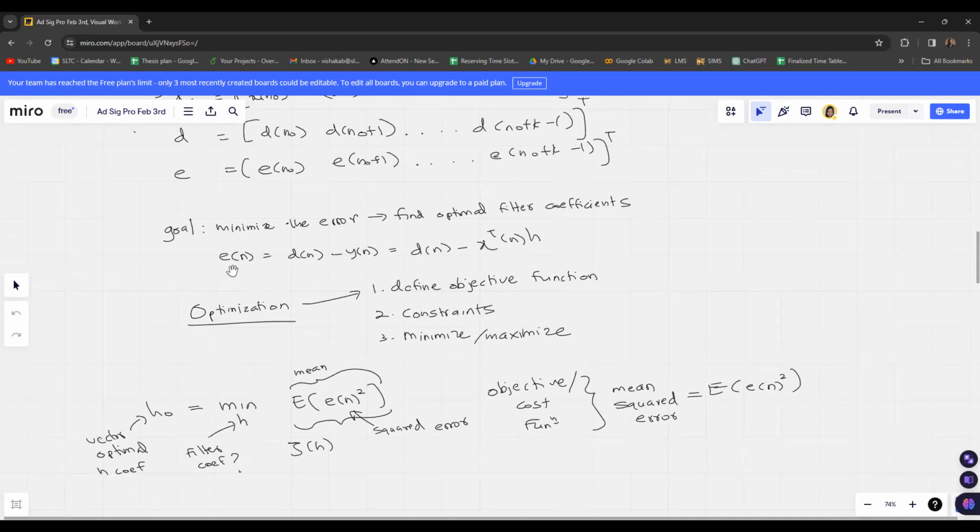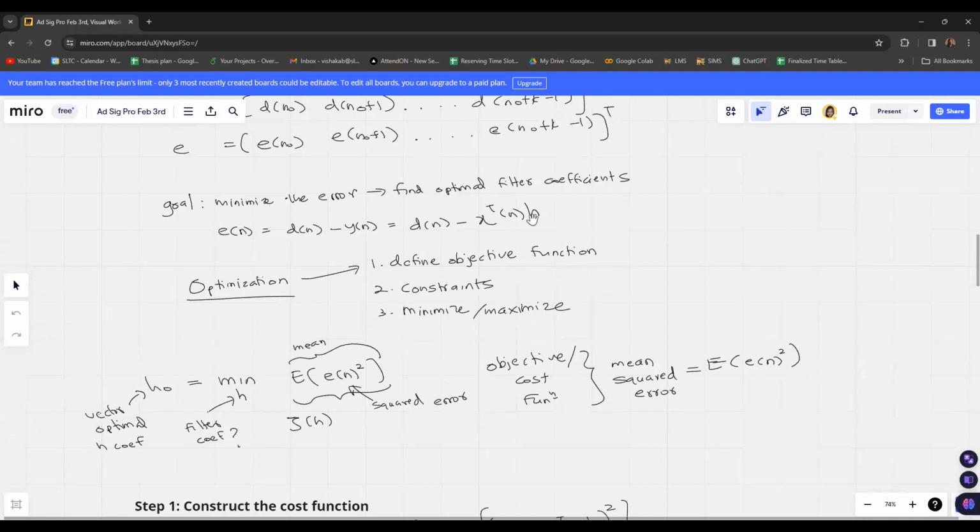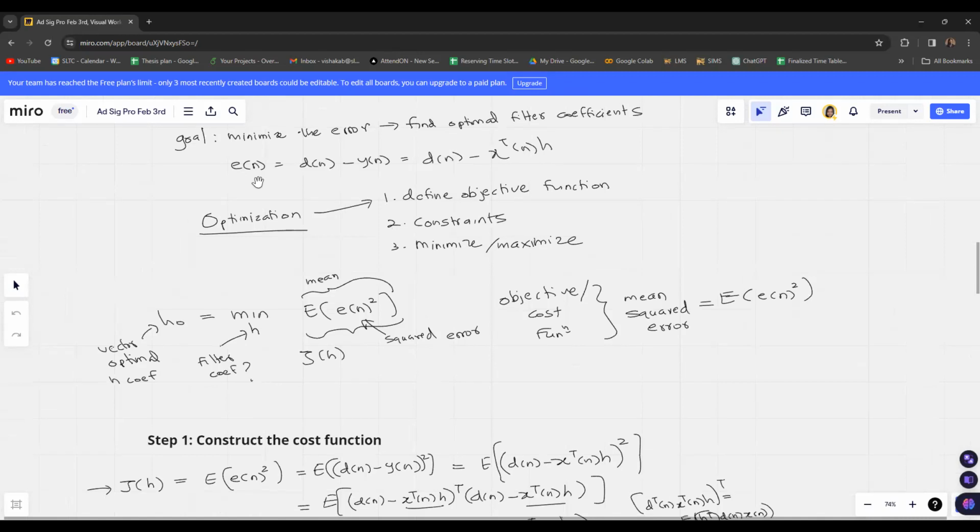We can define the error as a function equal to the desired signal minus the output signal. It can be further expanded like this: d(n) minus x^T(n)h. This is the way of relating the output with the filter coefficients. So now we have the filter coefficients also as a parameter of this error function.